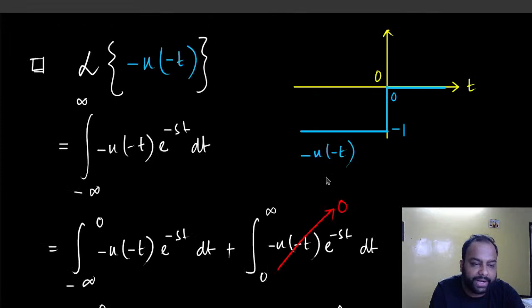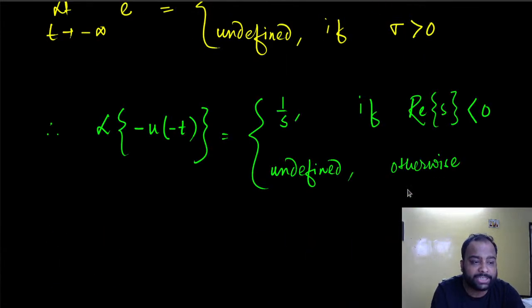And then we calculated the Laplace transform of minus u of minus t. That's a completely different signal. For that also, we somehow managed to get the same Laplace transform, right? So these two signals have the same Laplace transform, but look very carefully, the conditions are different.